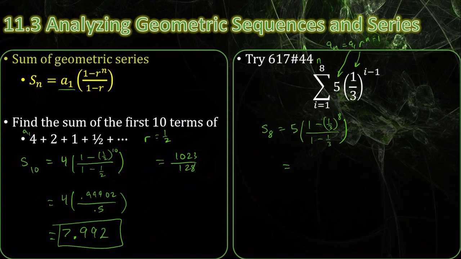Put in my calculator, I got 16400 over 2187, which is about 7.499.